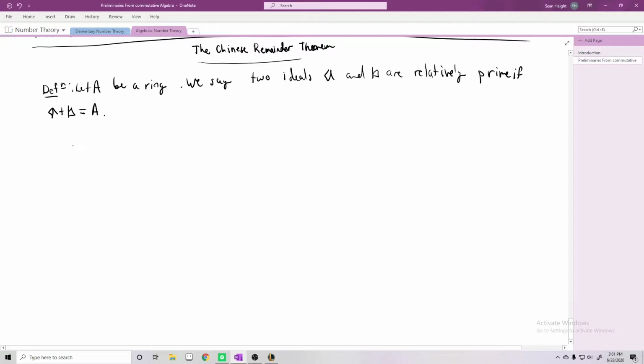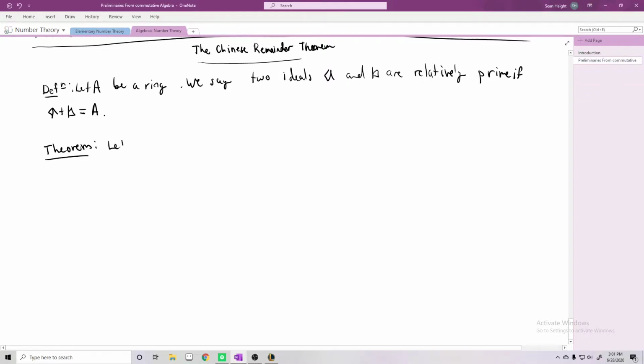So if A is the integers, then two numbers, little a and little b, are relatively prime exactly when the sum of their ideals is all of Z. And yeah, this generalizes your preconceived notion of what it means for two numbers to be relatively prime or coprime. So now, with this definition, we can state this theorem.